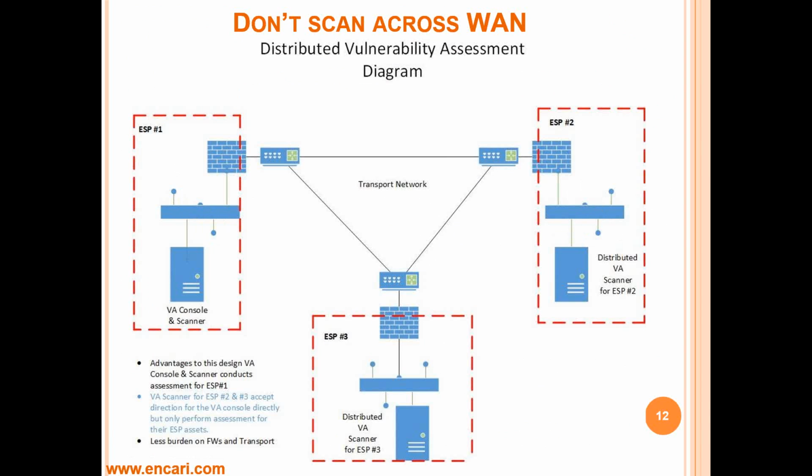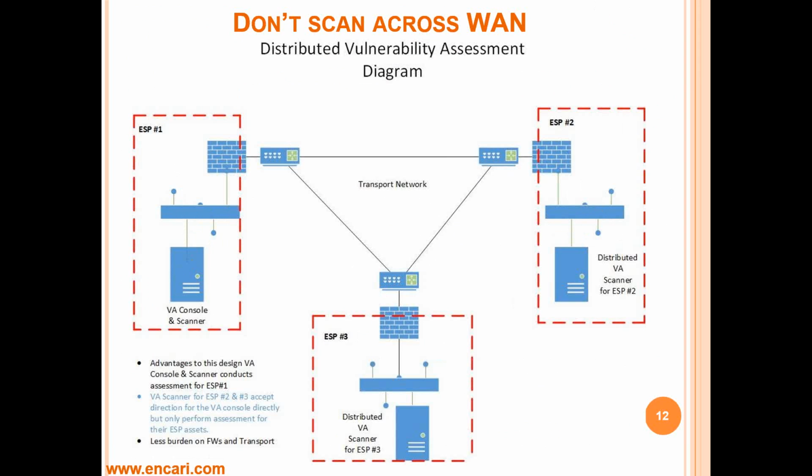Okay. So in this example architecture, then here in ESP number 1, we've got kind of the main server for our vulnerability scanning solution, the so-called console, and it also does scanning. So it does the actual scanning for things in ESP1. And then over in ESP2, we have more just like a scanning appliance.